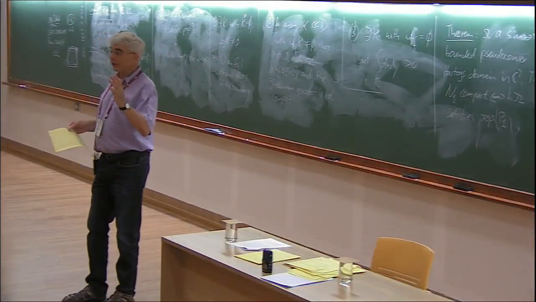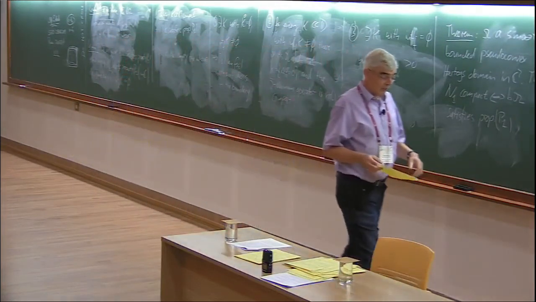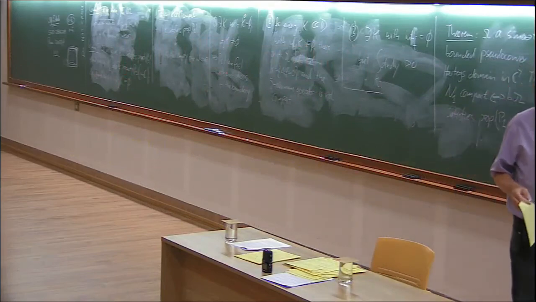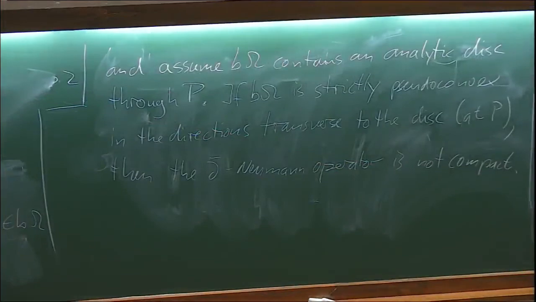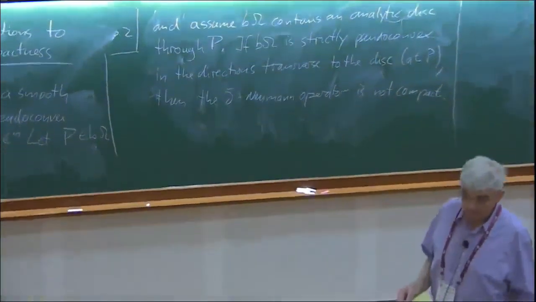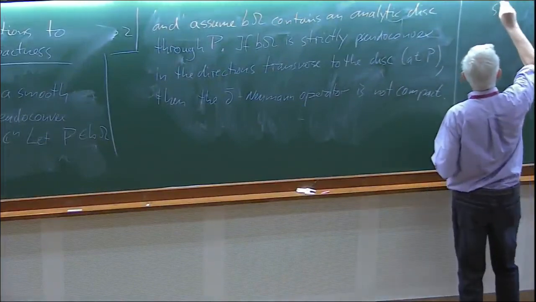It's just a piece of a complex line, and one can do a little bit better. One can arrange it so that on this piece of the complex line, the real normal is constant. So that simplification can always be done.